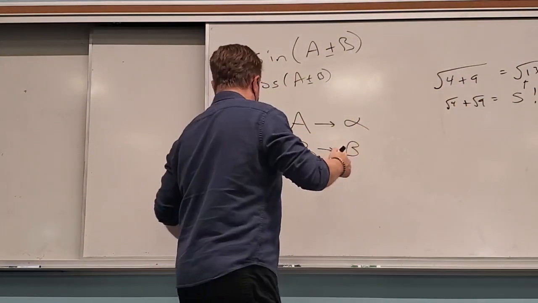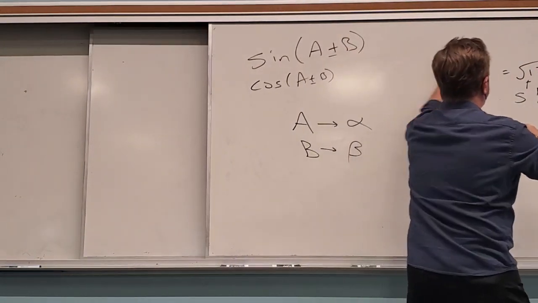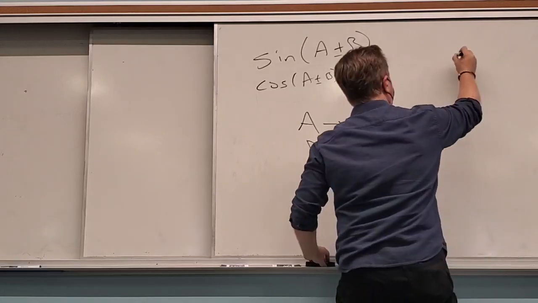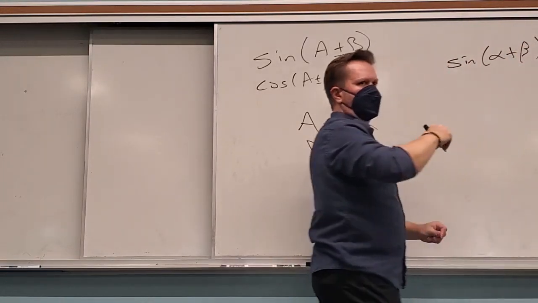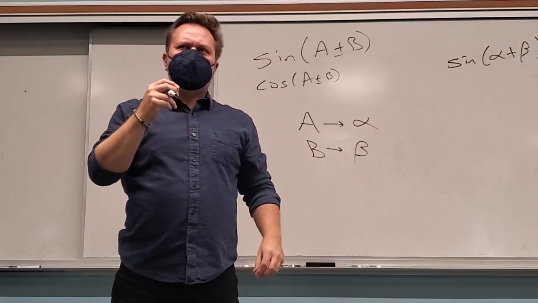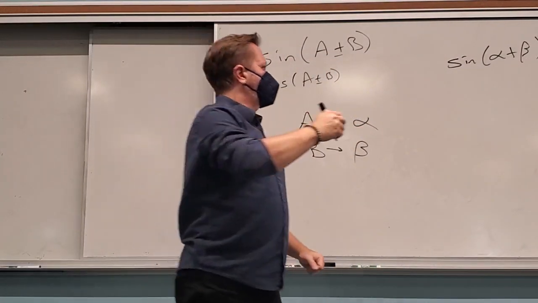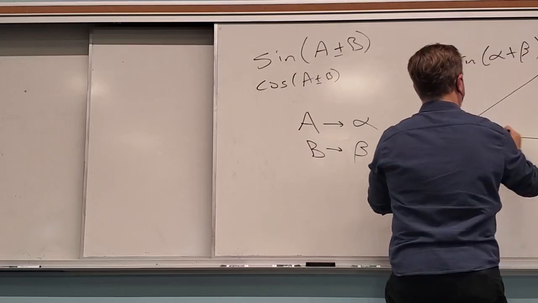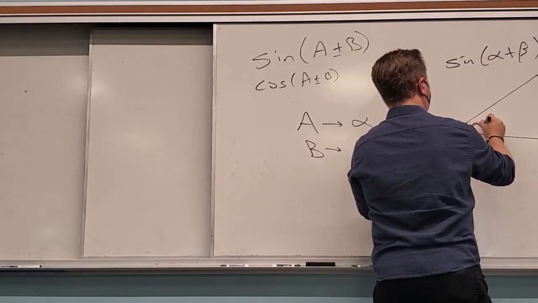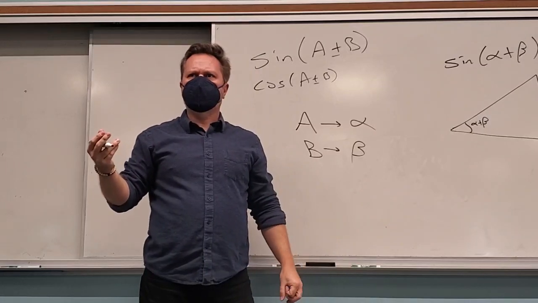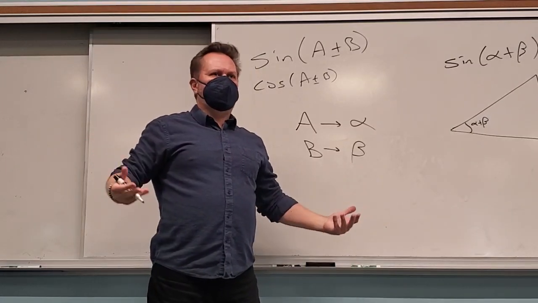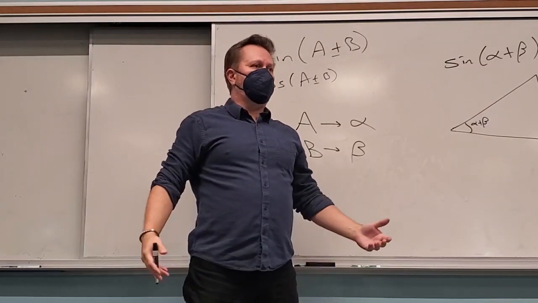So how in the world, let me write this the way we're going to see it. If I want to figure out what sine of alpha plus beta is, doesn't it make sense to set up a triangle that has alpha plus beta in it? If I want to know what that is, don't I just try to set up a triangle that has alpha and beta in it?